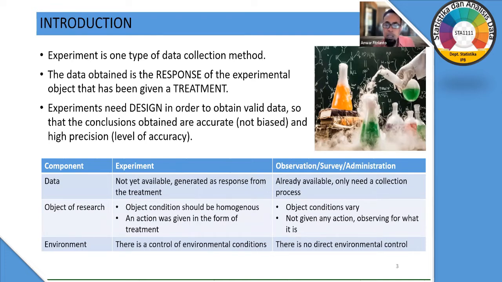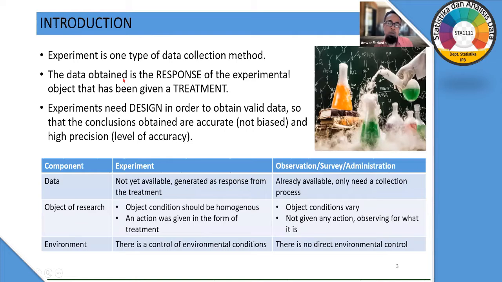As you can see here, experiment is one type of data collection method which is very common in the field of science, food science and industries, veterinary medicine, in medicine itself, and many other fields, right?